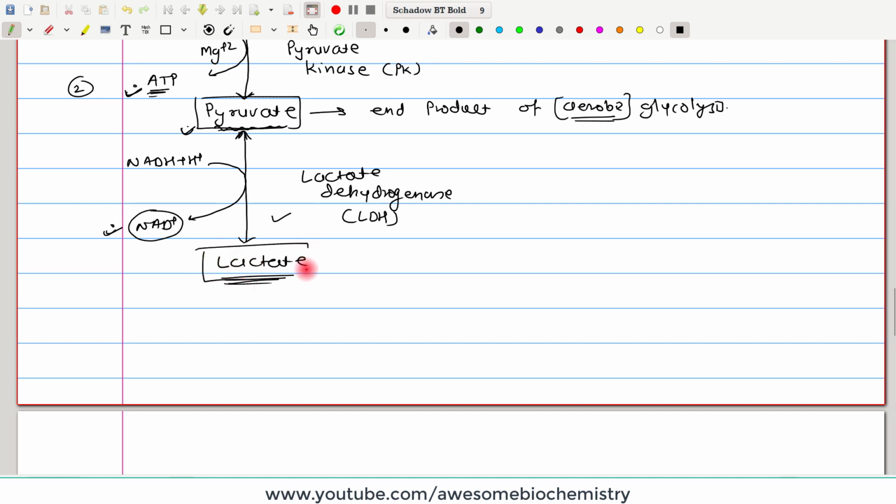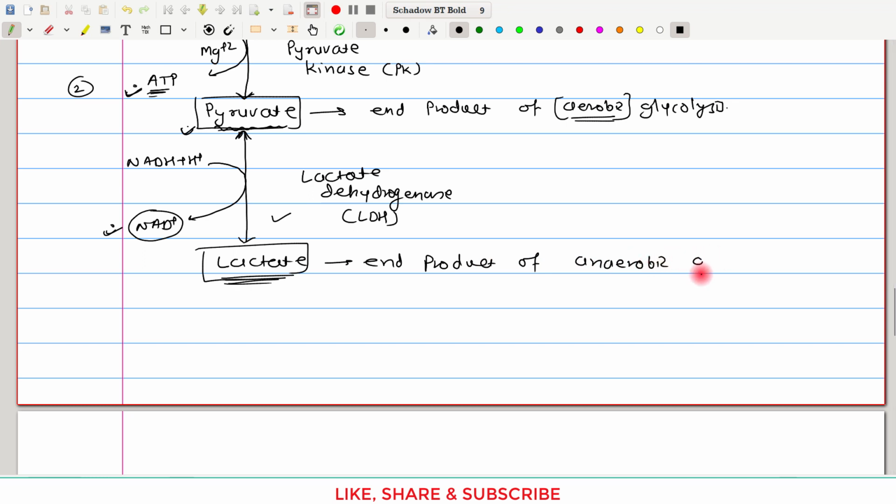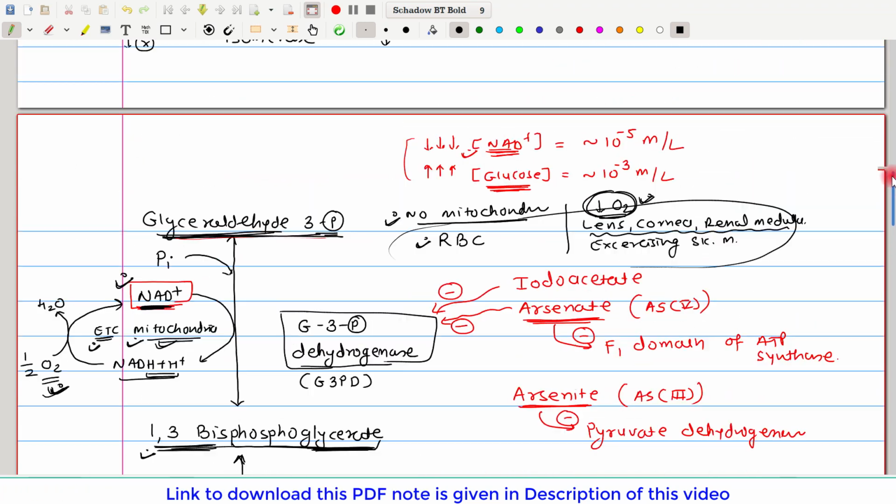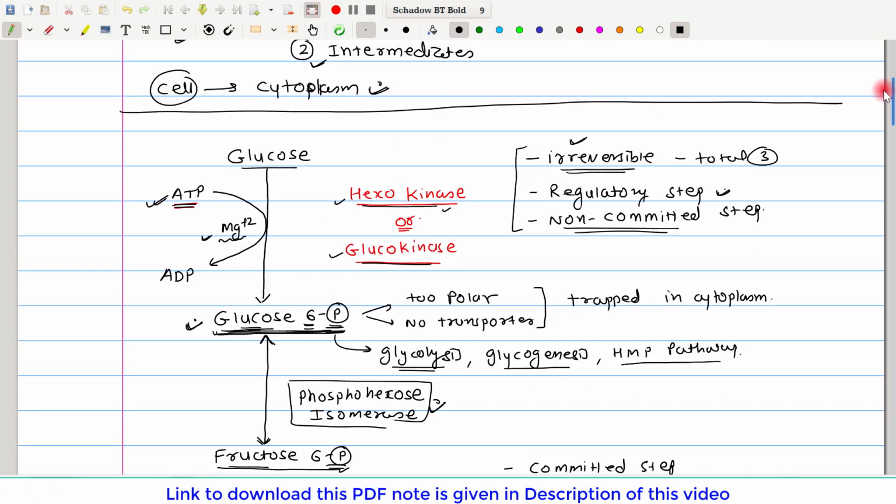So lactate is the end product of anaerobic glycolysis. Pyruvate is the end product of aerobic glycolysis, whereas lactate is the end product of anaerobic glycolysis.